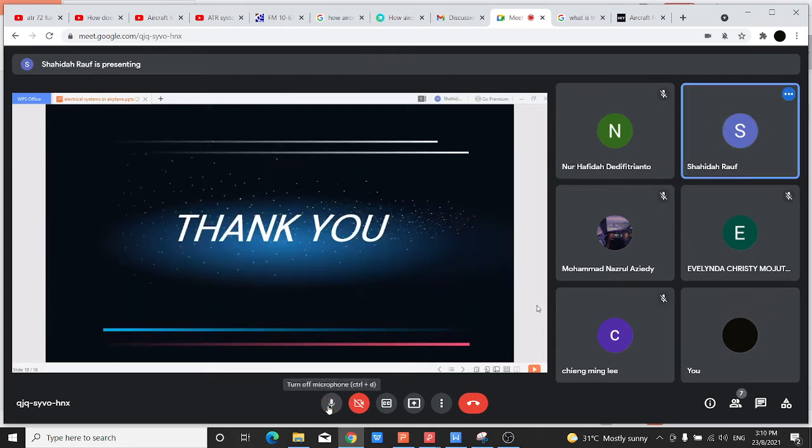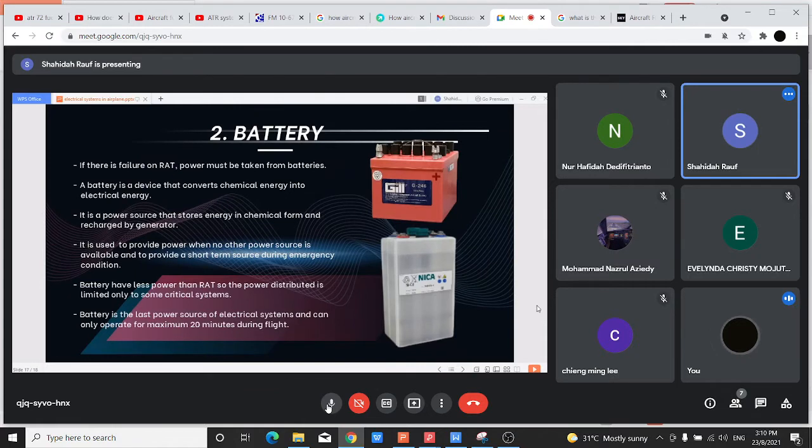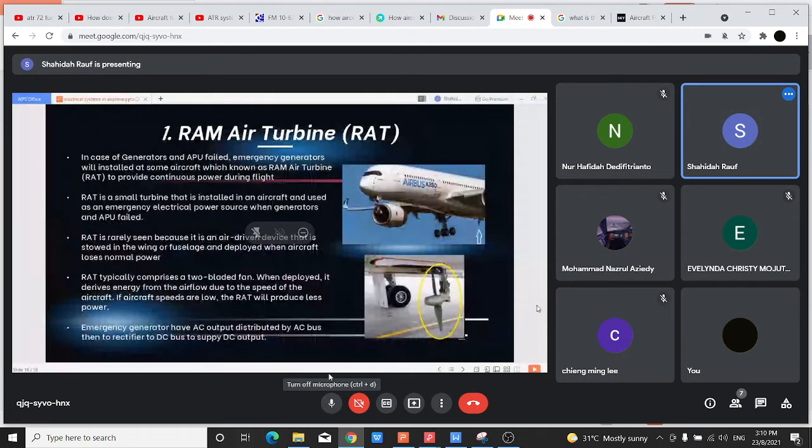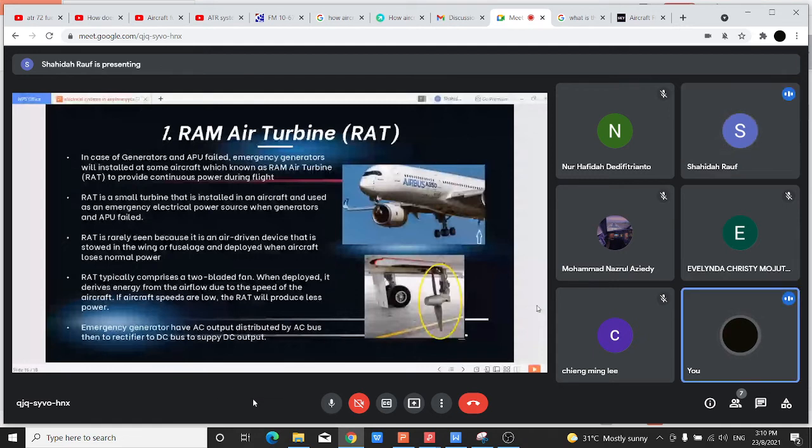Hello, Shahidah. Can you go back to the RAT, ram air turbine? Okay, so it says here that RAT acts as the emergency electrical power when generators and APU fail.